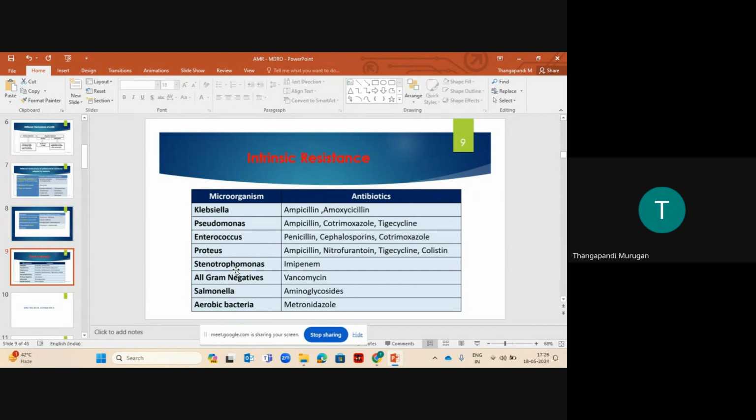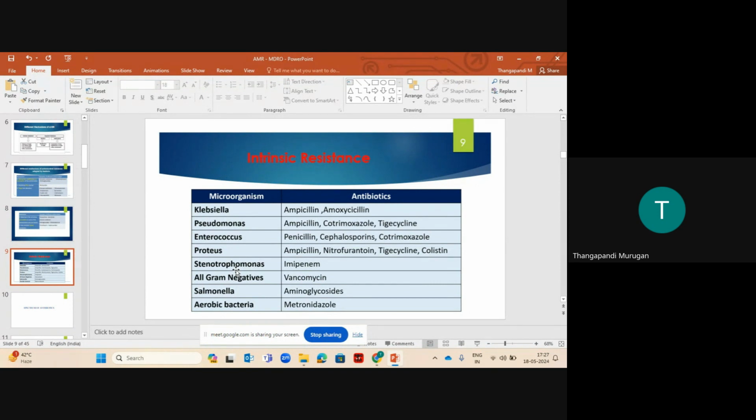If you put in a random microbial agent name and want to know whether it has intrinsic resistance, you will get it from Google. For example, all gram negatives are intrinsically resistant to vancomycin. Similarly, all gram positive organisms are resistant to aztreonam and polymyxin B. You can read it out if you want. I will share this PPT with your organizer, and you can make use of it.